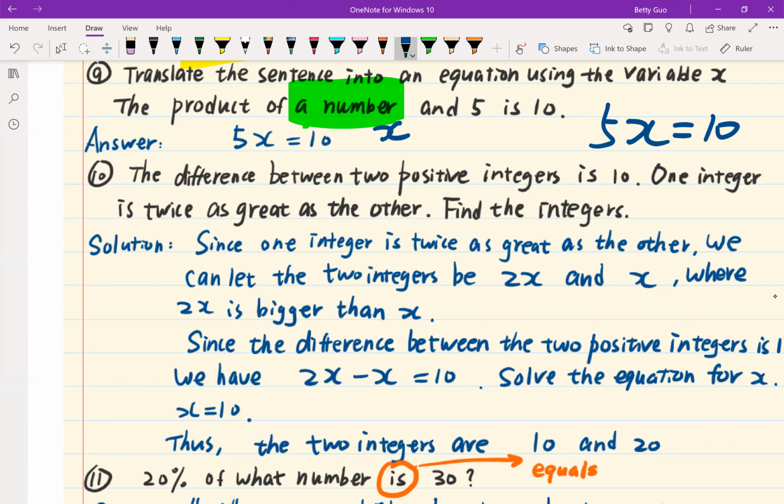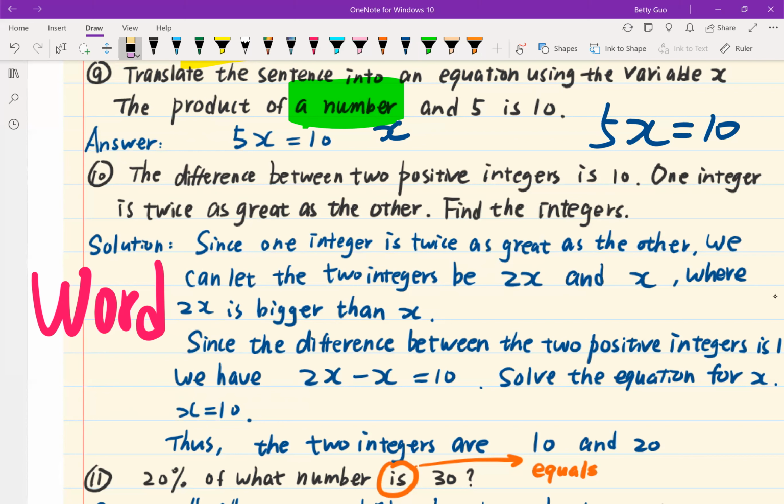Number 10, the difference between two positive integers is 10. One integer is twice as great as the other. Find the integers. This is a word problem or application problem. We bring in variable x. We can let x be the smaller number. Actually, we don't know which number is smaller.